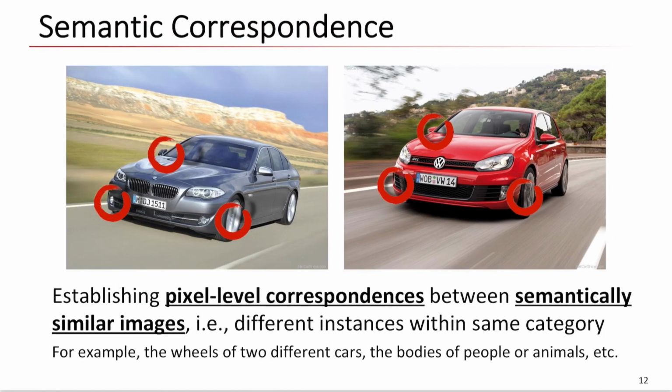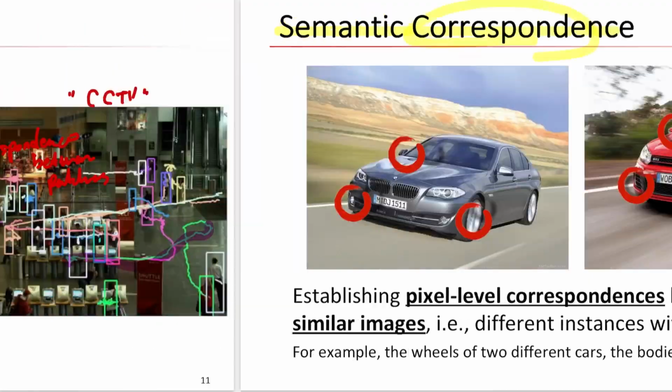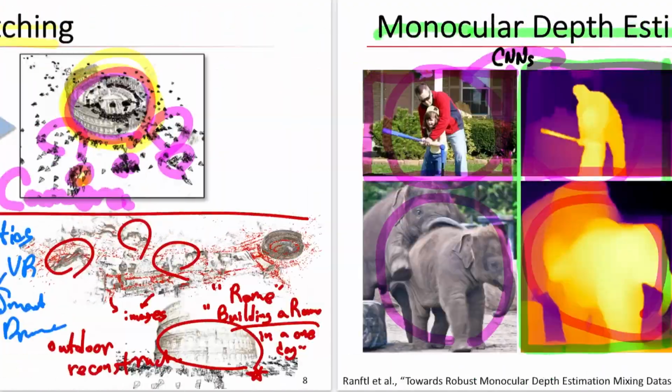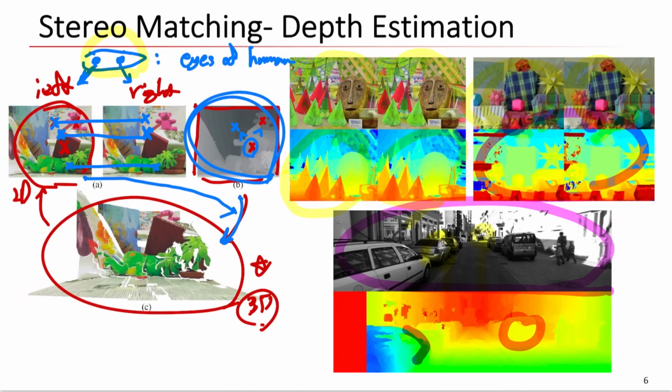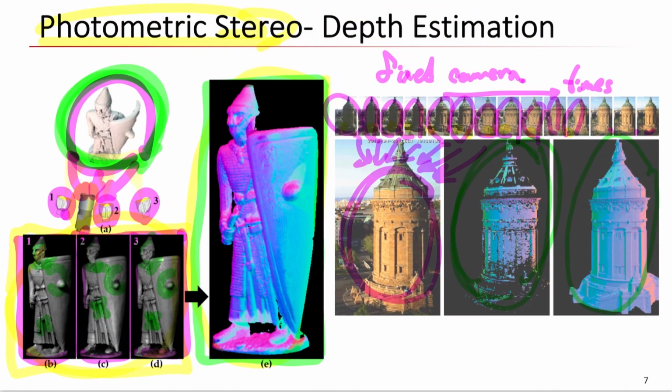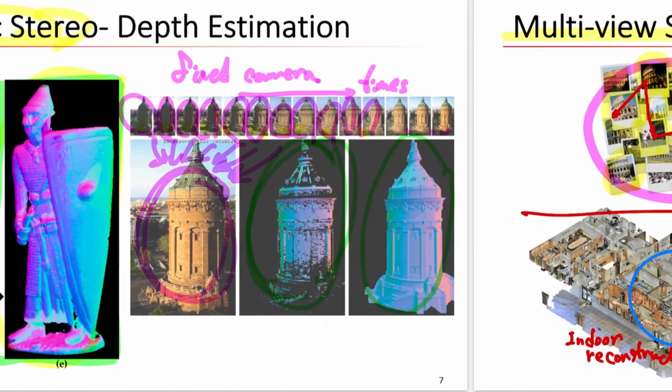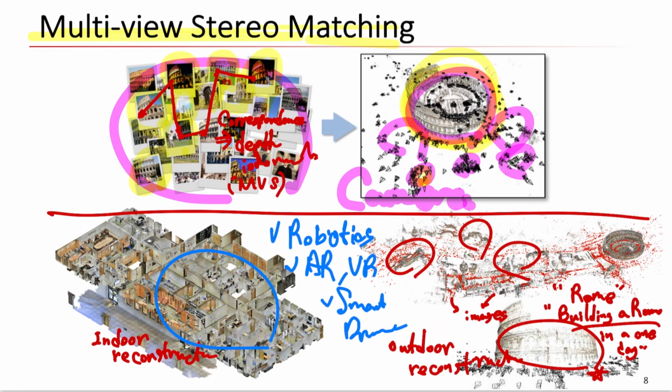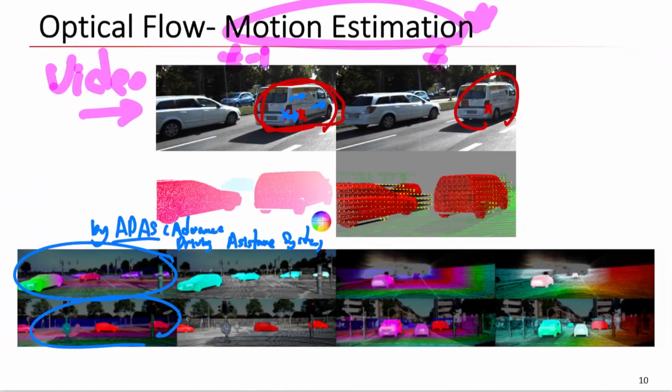And here is one more very interesting application, called semantic correspondence. So what is that? Most of these applications are based on the correspondence between two-view images, photometric stereo images, multiple viewpoint images, or time-similar images, something like this.